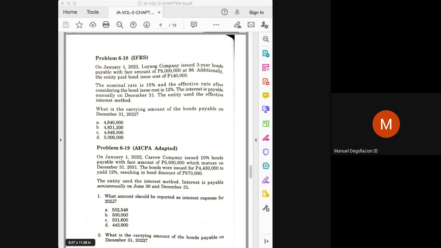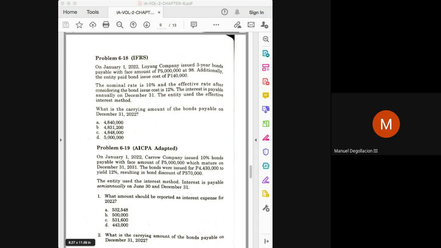You start with 240 and then deduct the amortization for the year, and you would get the updated discount. Once you have the updated discount, you can now solve for the carrying amount. We cannot get the updated discount without first solving for the amortization for the year.